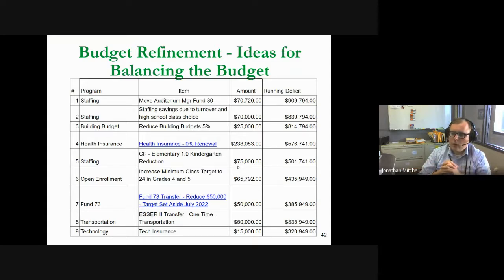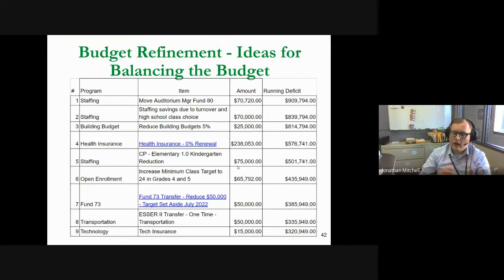Then for open enrollment revenues, have looked at the ability to increase that minimum class size target to 24 students per grade level in grades 4 and 5. And that would potentially result in 8 new open enrollment seats. And so the related revenues to that would be $66,000.